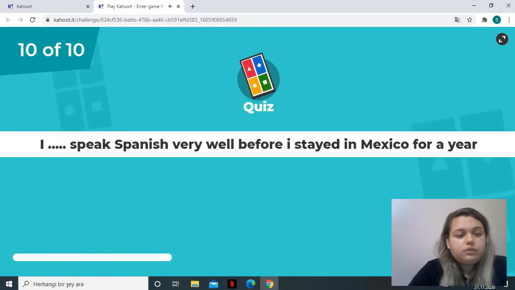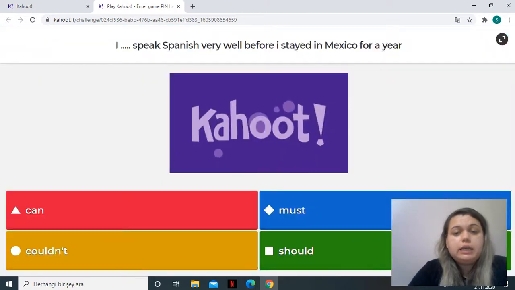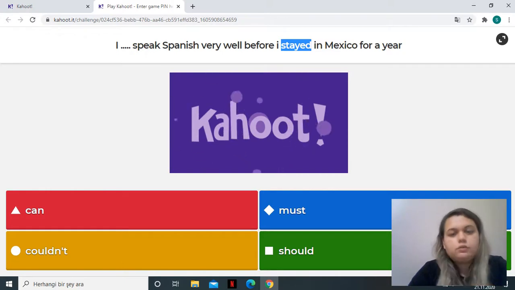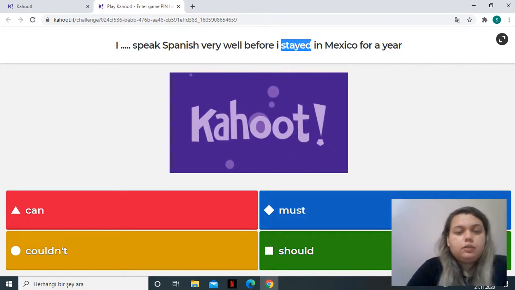The last question is I blank speak Spanish very well before I stayed in Mexico for a year. We cannot use can here because there is a past tense here. But can is not a past tense version of a word, so we cannot use it. We cannot use must either because must is an obligation word and there is no need for obligation in this sentence.